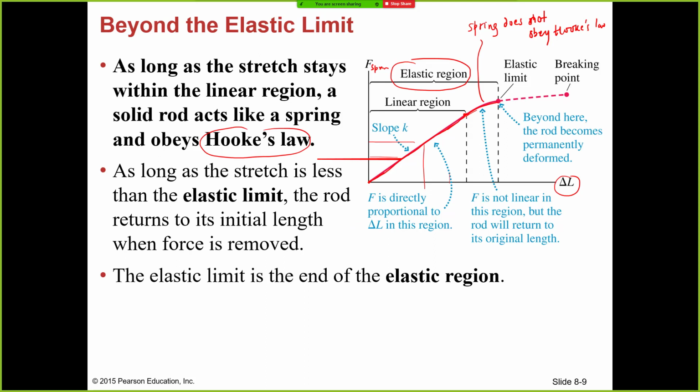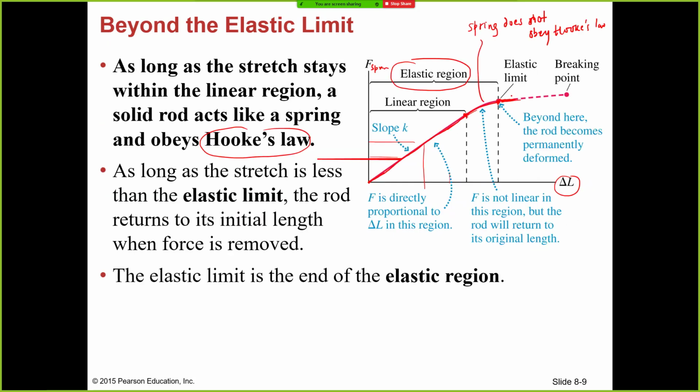Beyond that point you get this kind of elastic region, and if you let go of the spring up to that point, the spring can still go back to its original length. You will still get the same spring back if you just remove the force up to this point. But beyond this point, if you increase the force more and more, the spring won't go back to its original state.